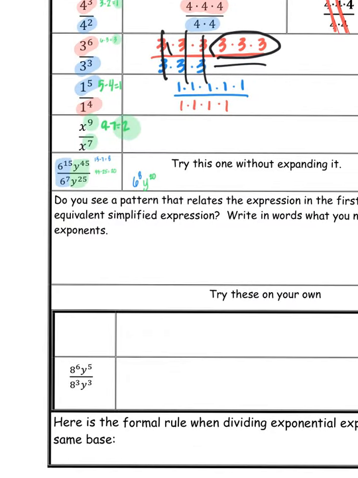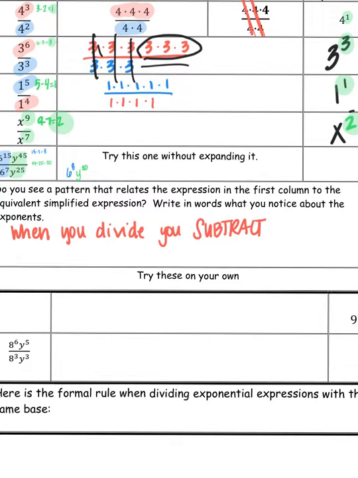So the pattern we see here is that when we divide, I'll write this out for you. When you divide, you subtract the exponents.